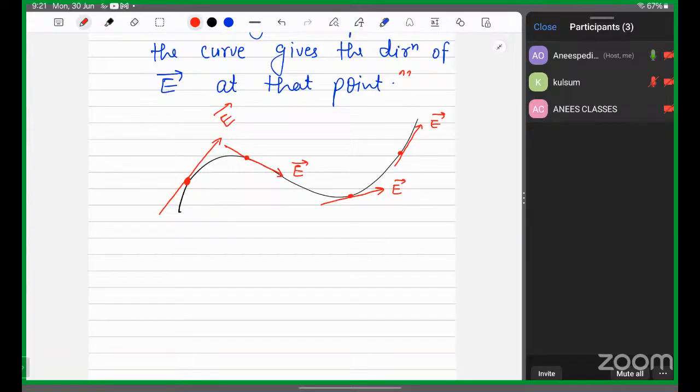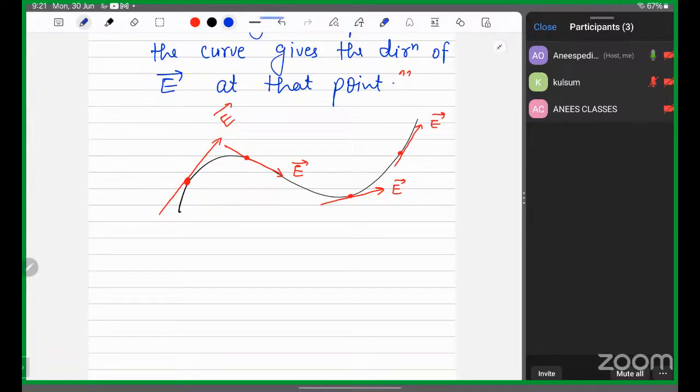Whatever the direction of electric field, in that direction we will have force, acceleration, and motion of the positive charge.